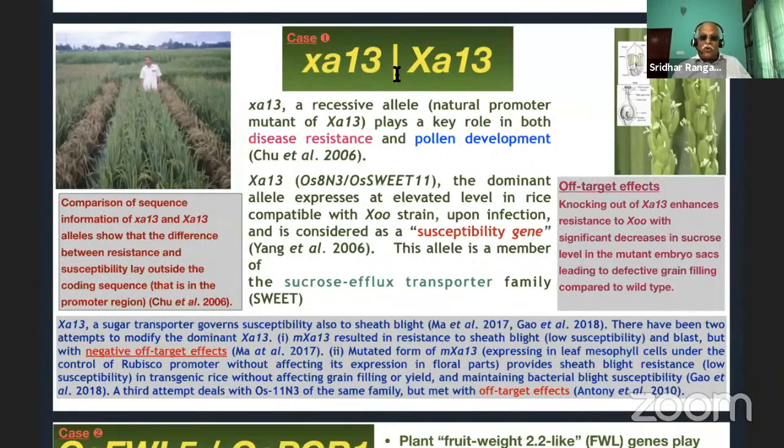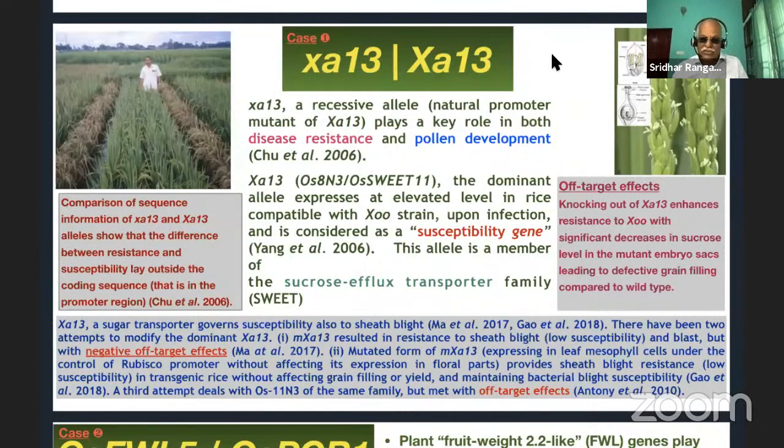But now we know that the dominant form of Xa13 is the one which governs sugar transportation in plants. The susceptible varieties bear the dominant gene, whereas the recessive xa13 gene offers resistance. This xa13 is a natural mutation.